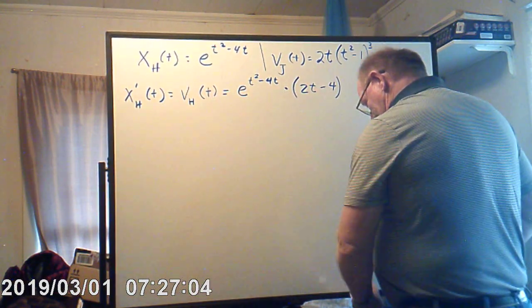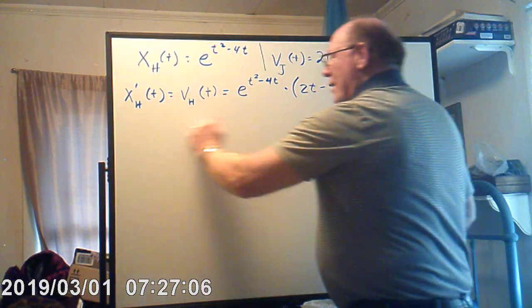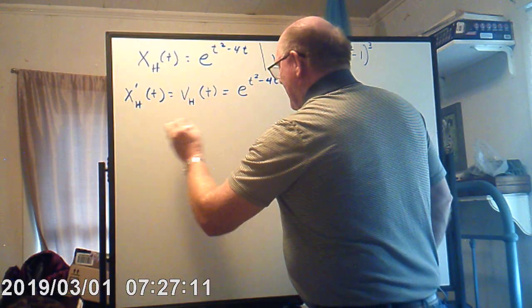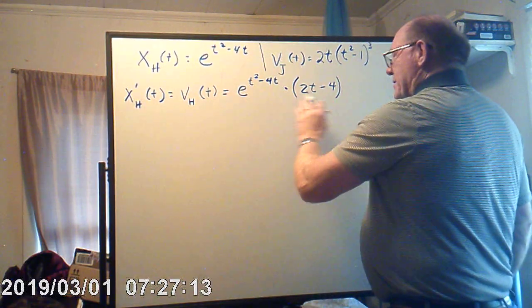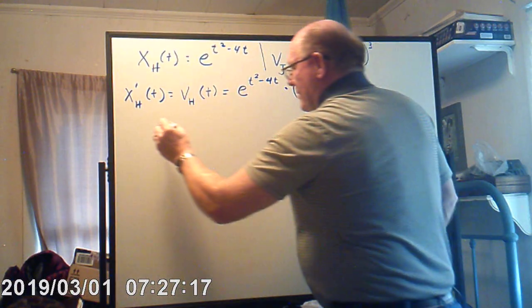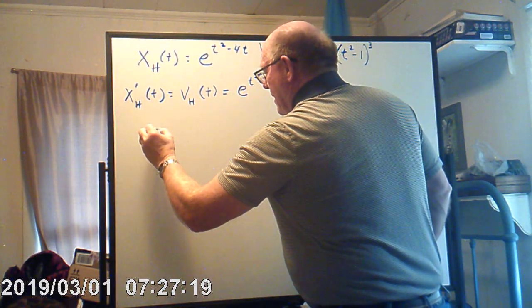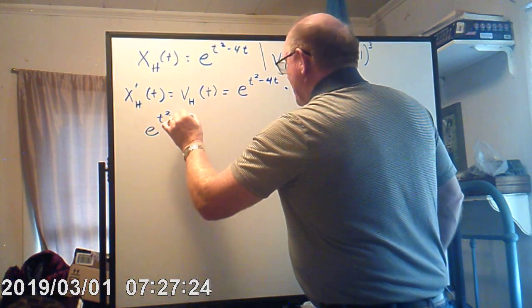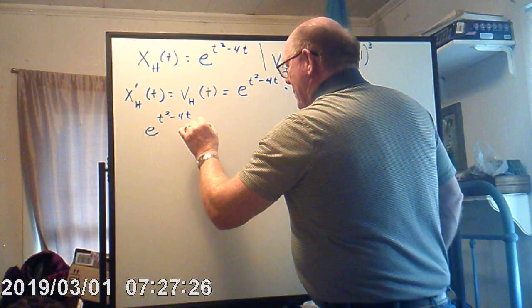So what we've got to do is find out where this comes to rest. We're going to start with this one first and then this one. All right. So first of all, e to the t squared minus 4t is already greater than 0.